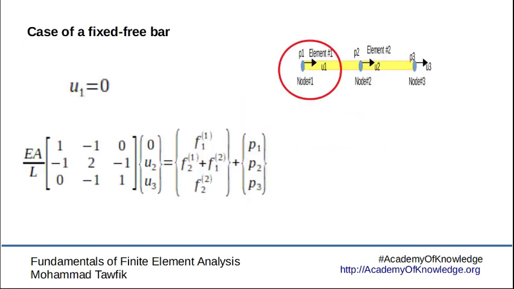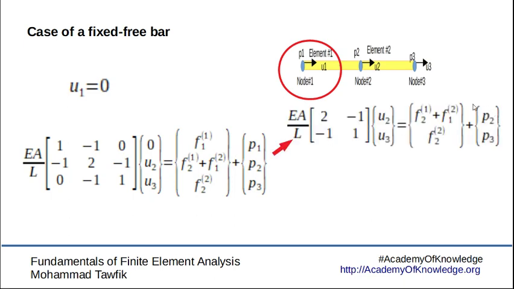So the three equations of motion will involve a 0 value here. Everything multiplied by that 0 will disappear. If we separate this set of equations into two equations, the first one involves the unknown values, u2 and u3.